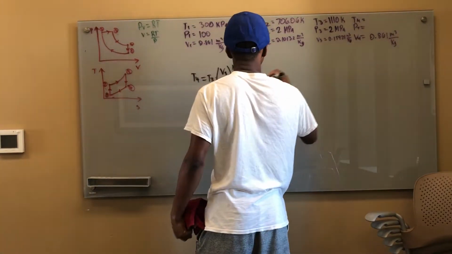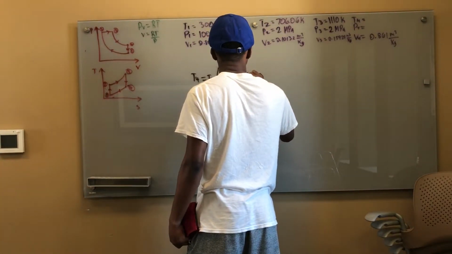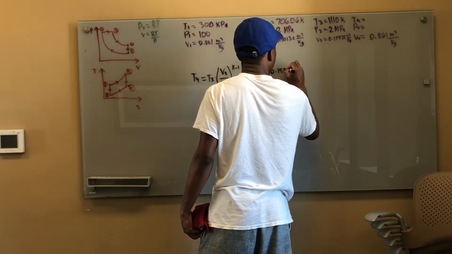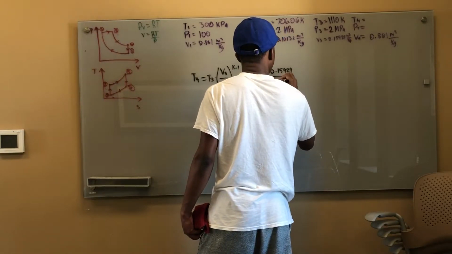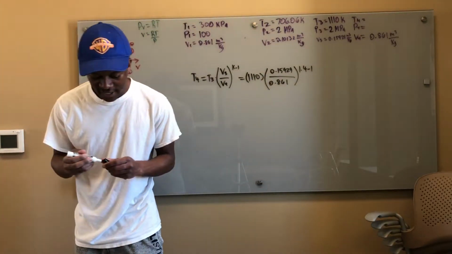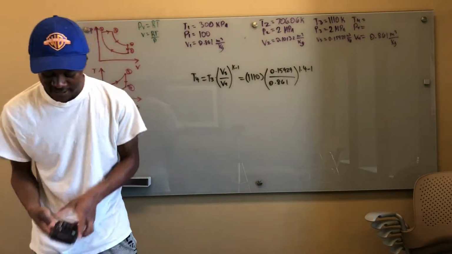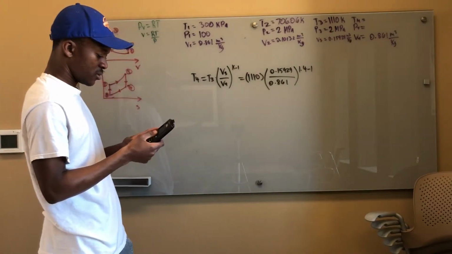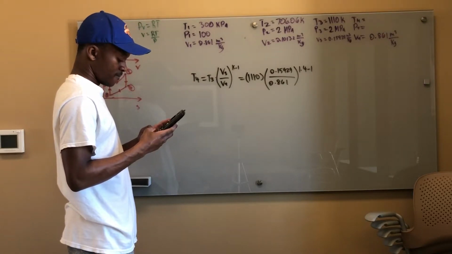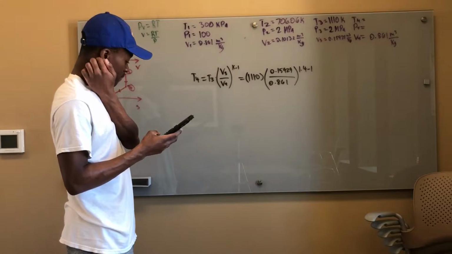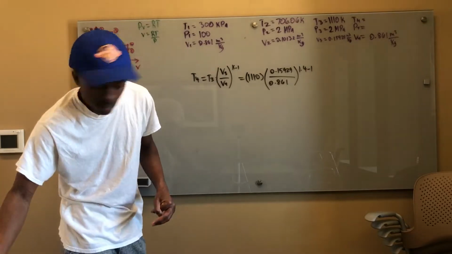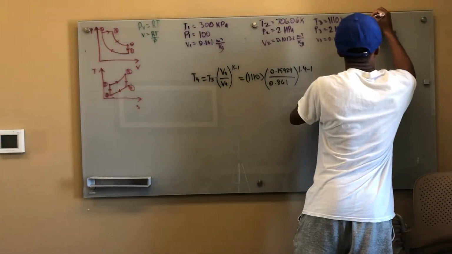T3 is 1,110 times V3 over V4, K is still 1.4, and with this we get that T4 is equal to 565.13, in Kelvin.